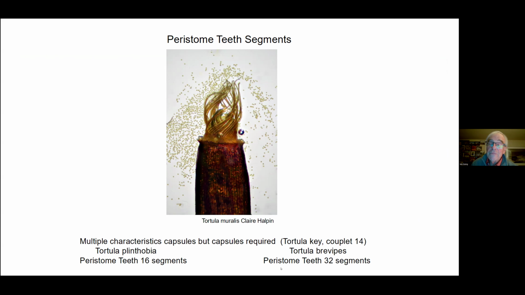I couldn't get a photograph of either of these, but I found Tortula muralis, which, like Tortula brevipipes, has 32 teeth segments. And if you take the time, you can count that there are 32. These are the spores around the outside, which is pretty cool. This is a pretty cool picture, I think. So that's another characteristic of peristome that's used to describe species.